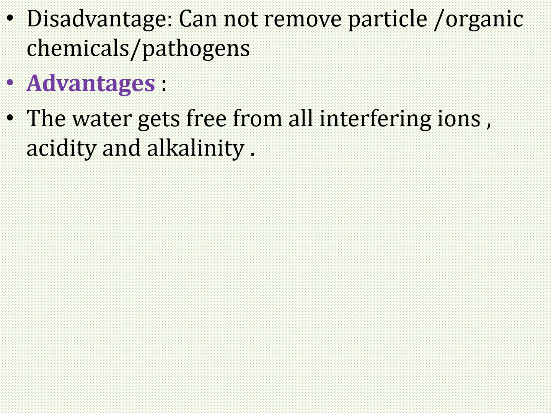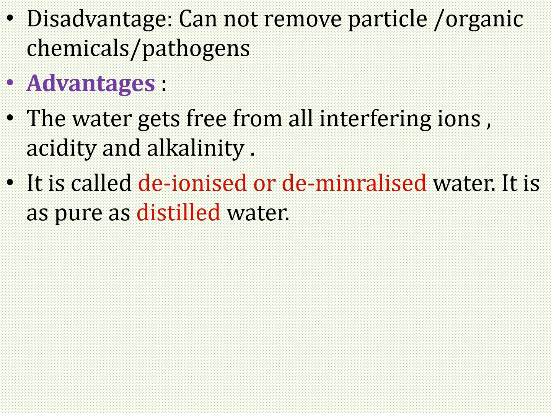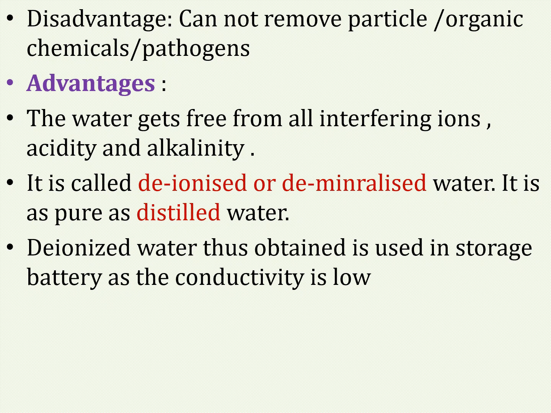The water gets free from all interfering ions, acidity, alkalinity, etc. Because of the same reason, we call it demineralized water or deionized water. It is as pure as distilled water. The deionized water thus obtained can be used in storage batteries because the conductivity will be very low.